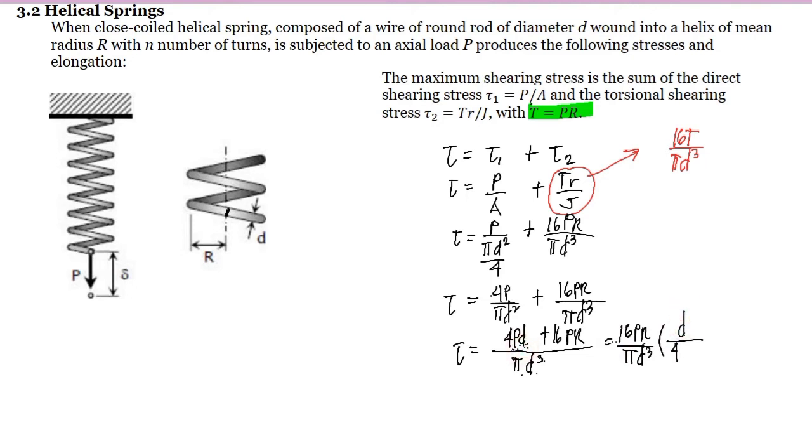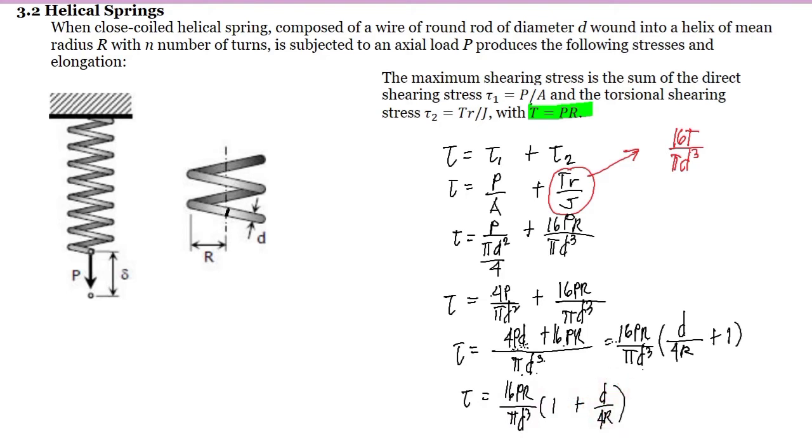We factored out R, but we didn't have R in this term, so we have over R here. Plus, as you can see, we factored out this, and this is equal to 1. Simplifying further, we will have 16PR over pi d cubed multiplied by 1 plus d over 4R.